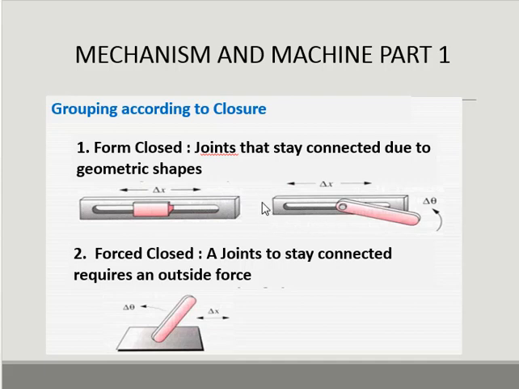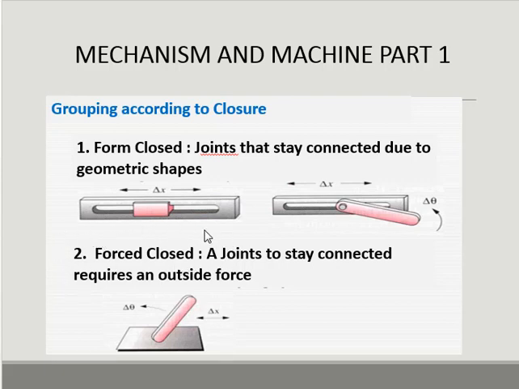And the second sample is a geometric shape like this, sliding and pin joint. This has two motions, x direction motion and rotation. And the second joint is force close.